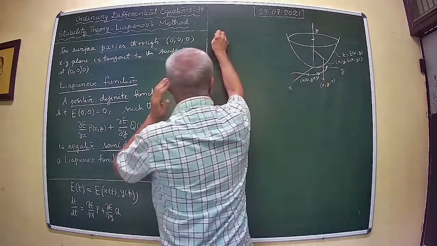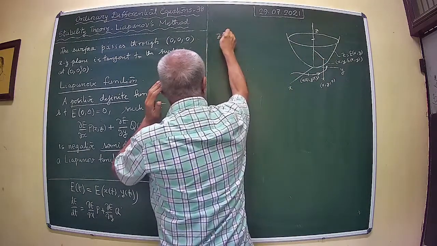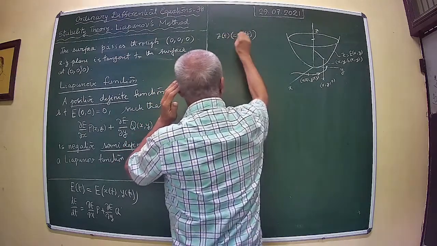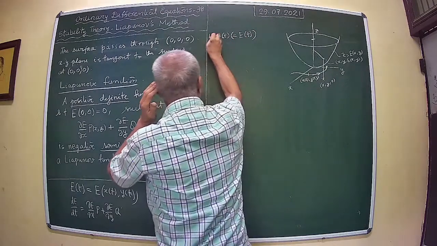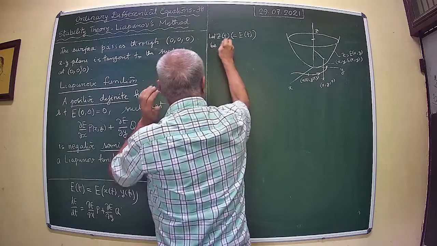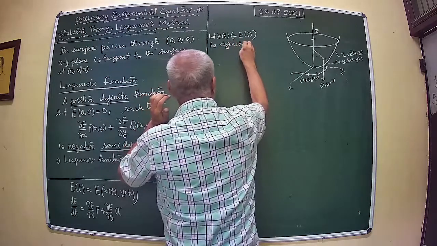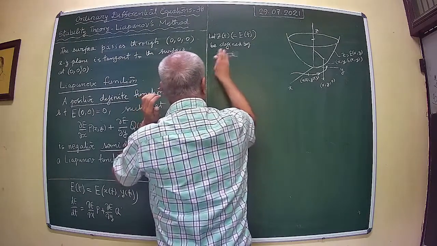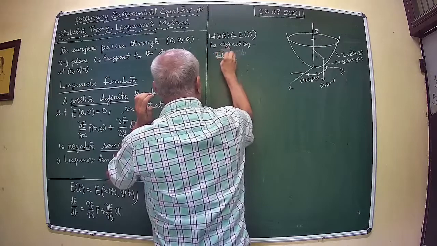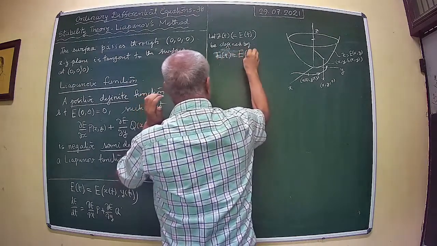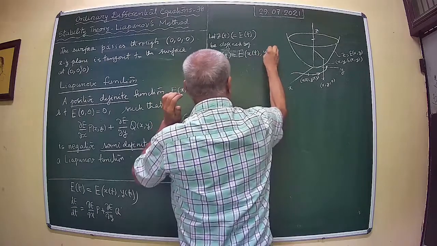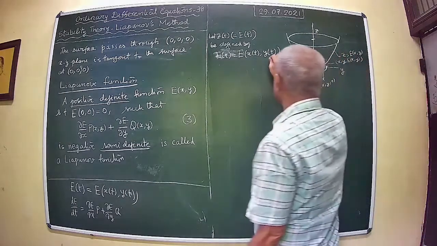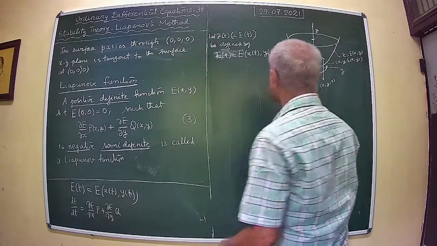Then E of x(t), y(t), or if you want, you call this E(t), for the t interval, say for t greater than or equal to t naught.